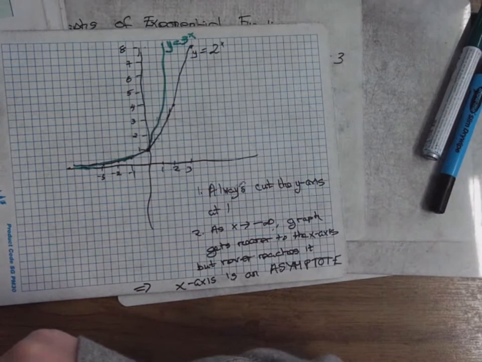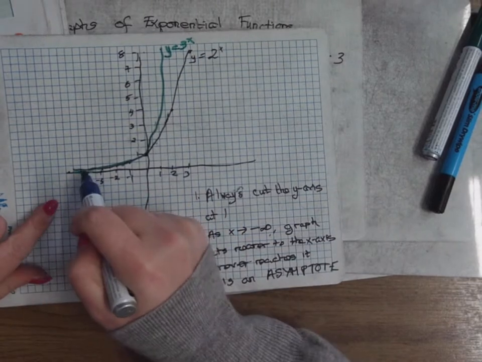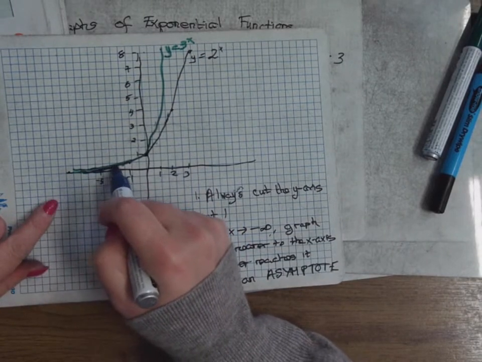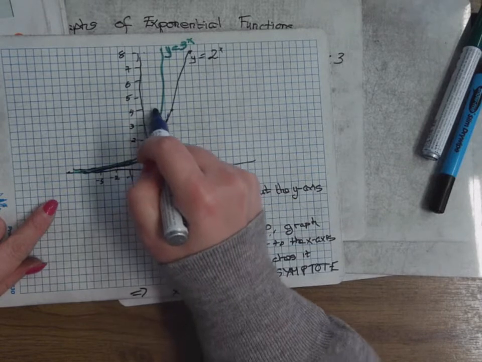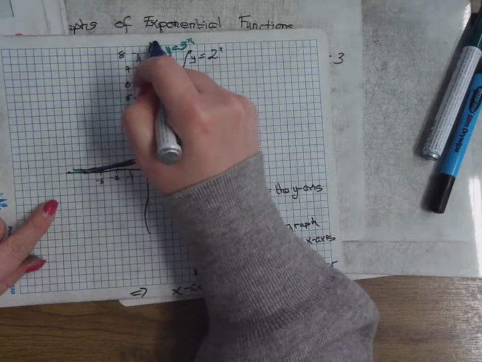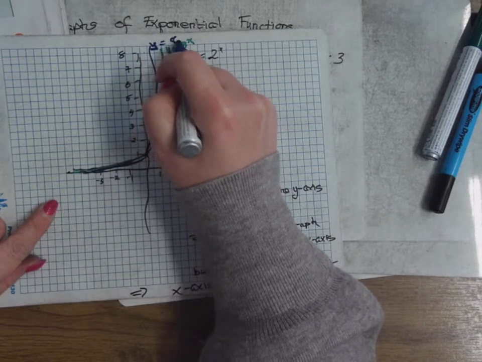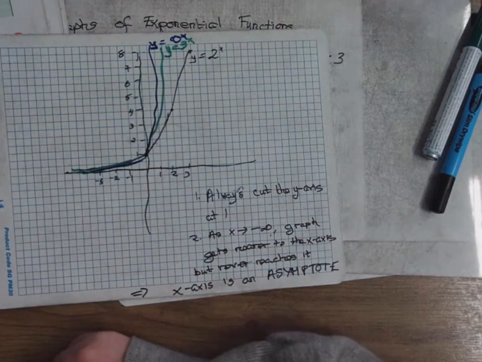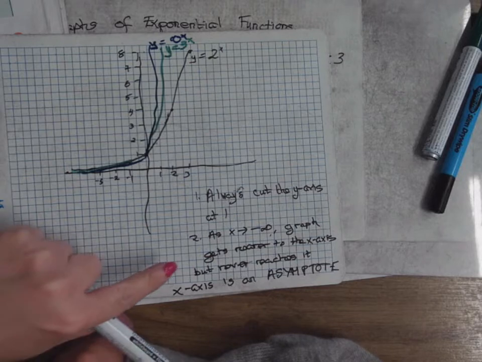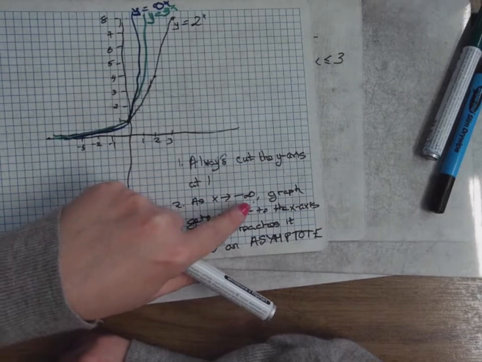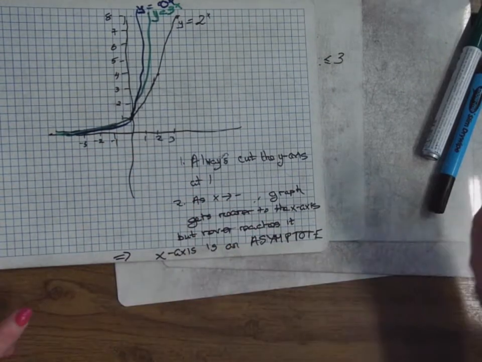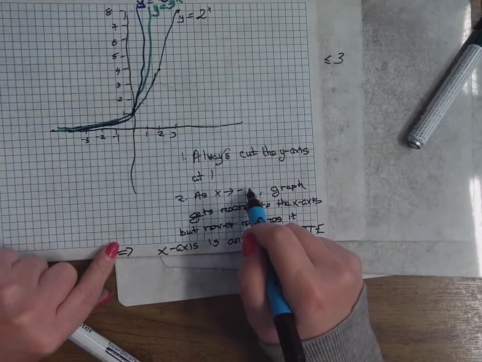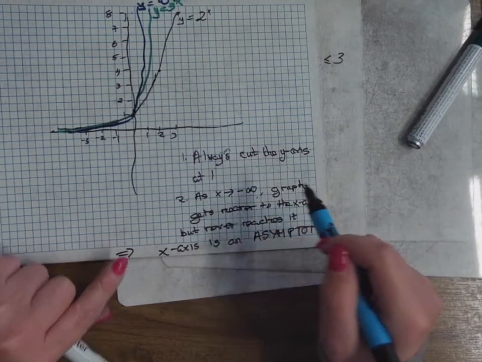If I had y equals 10 to the power of x, it would be below here, underneath it. It's nearer again. Sorry, for the second sentence, it is as x heads to minus infinity, the infinity symbol, an 8 sideways.